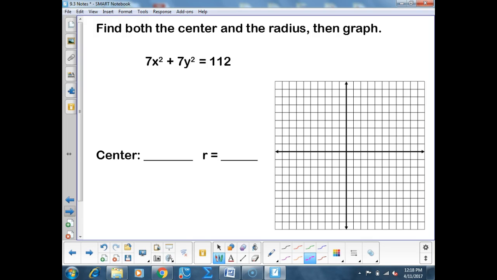There was one problem like that, or like this in your homework last night. It says find both the center and the radius, and then graph. Okay? So, what would you do first?